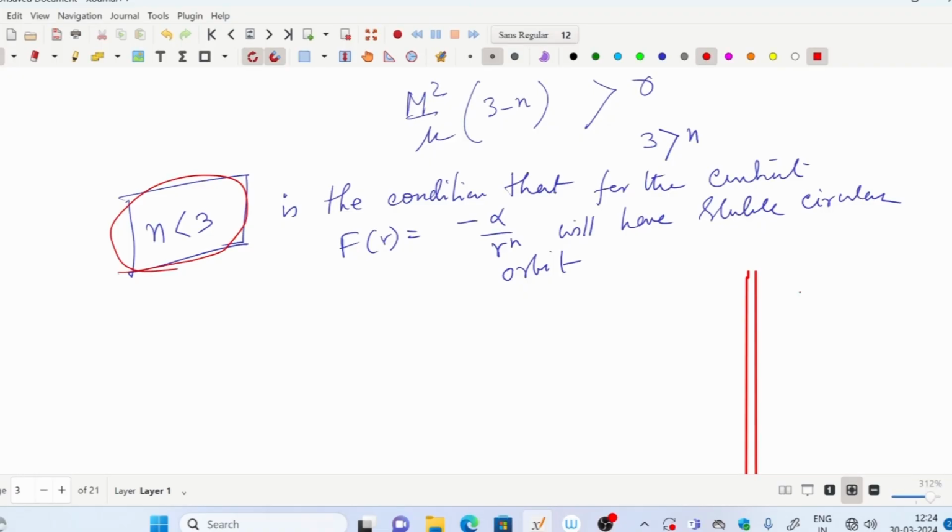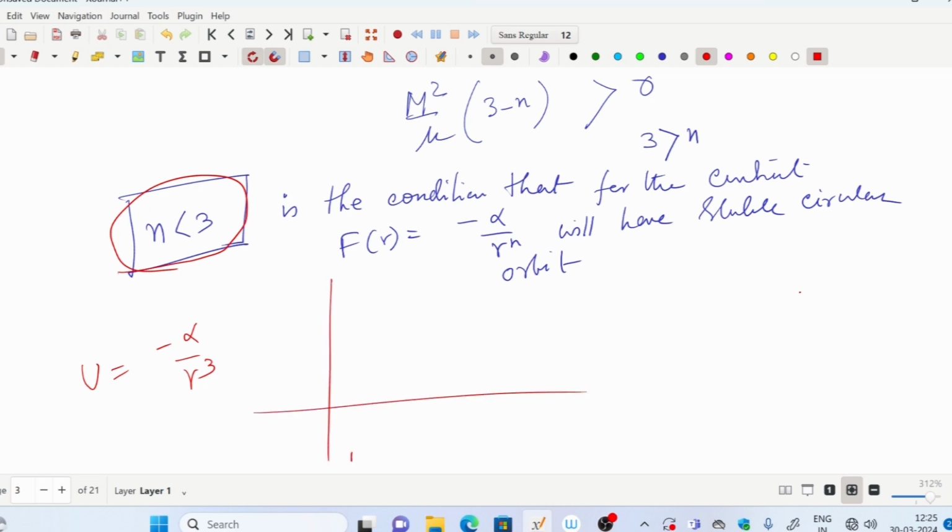On the other hand, recall example 2 I considered in the last class. Example 2, U r was minus alpha by r cube, and in that case you recall your effective potential energy curve was like this, and there is a possibility of a circular orbit at the maximum point.